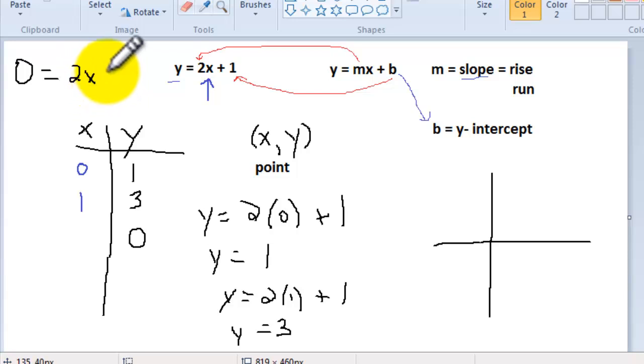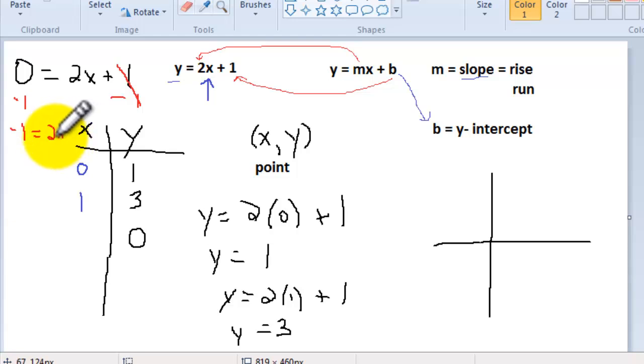Well, because we're all getting so good at algebra, we could solve for x, which means minus 1 on both sides, which then gives us nothing here because it goes away. This becomes minus 1. So now we have minus 1 equals 2x.